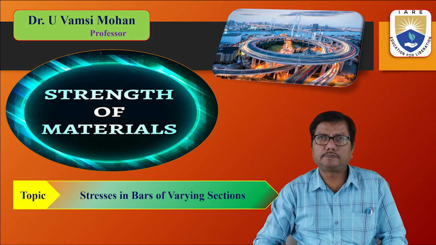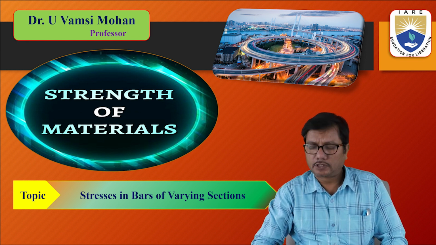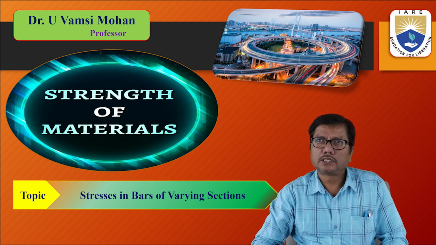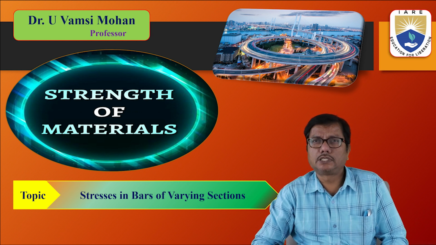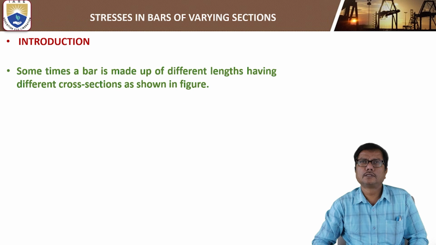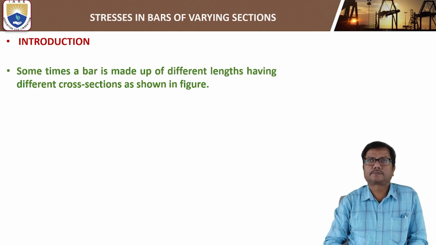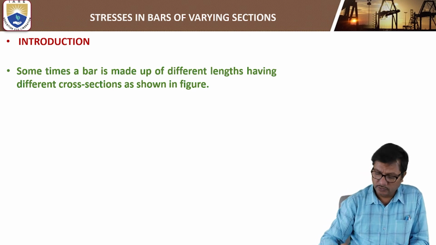In this session, I will be discussing the stresses in bars of varying cross sections. In the previous session, I think we have discussed the stresses in uniform bars, in bars of uniform sections.